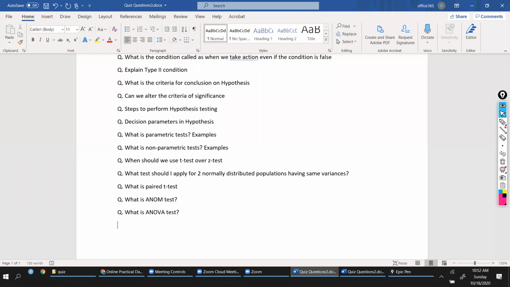It is used to check if the means of these populations are statistically different from each other. We are verifying whether the means are different from each other, whereas ANOM tells whether these means are different from the overall mean. So that's the difference.